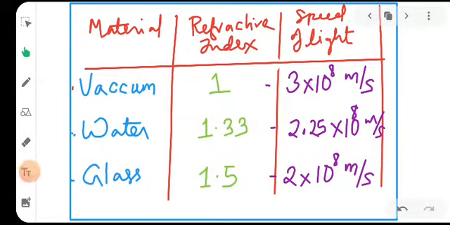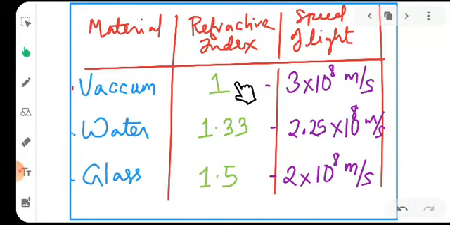Over here I have made a table which shows a few patterns. I have given the material: we have vacuum, which is actually not a material but just a reference medium, and we have water and glass, arranged in increasing order of refractive index.